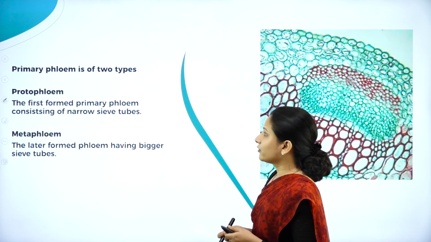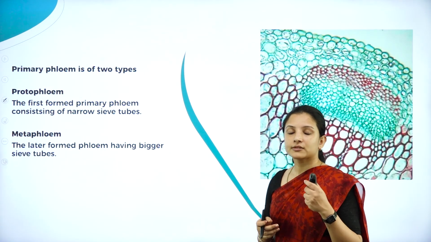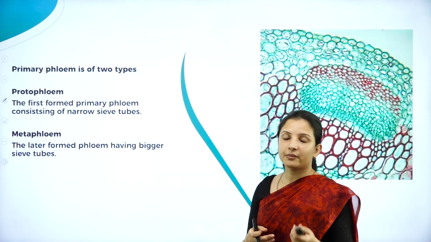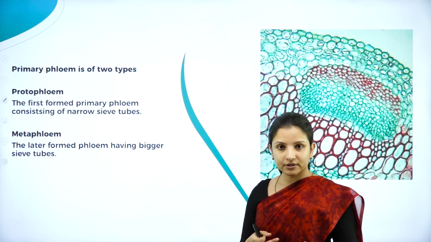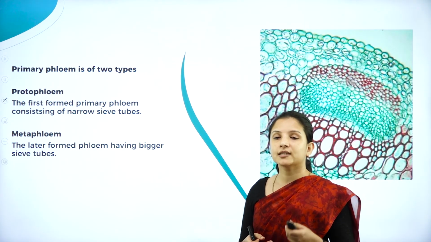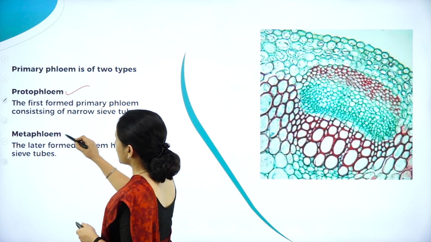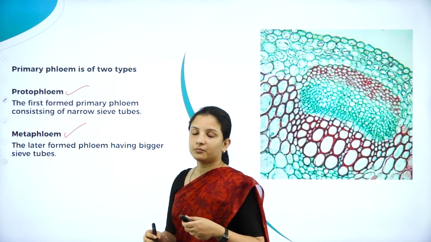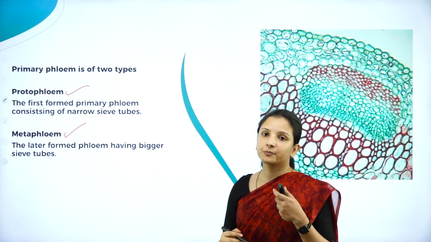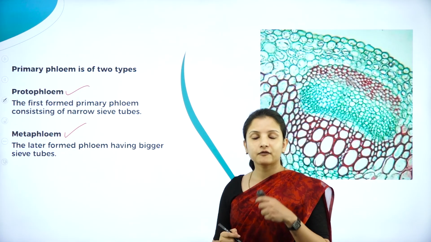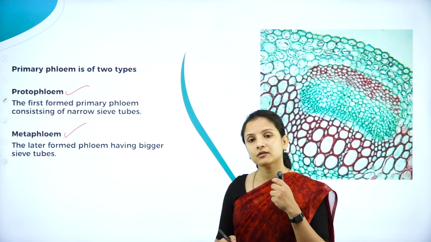So next, moving on to the primary phloem. Just like how the primary xylem had the protoxylem and the metaxylem, the primary phloem has protophloem and metaphloem. Protophloem means the first formed primary phloem. After the formation of the protophloem, the metaphloem forms.